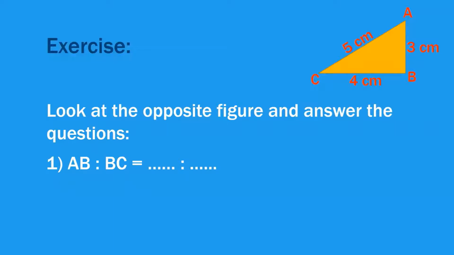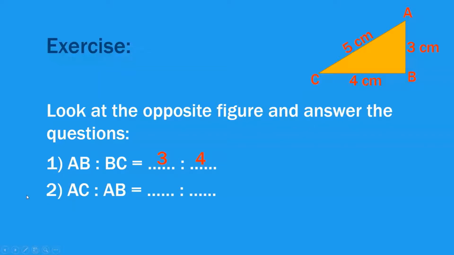So let's see, AB equals 3 centimeters and BC equals 4 centimeters. So the ratio between AB to BC is 3, which is the length of AB, to 4, which is the length of BC. So the answer is 3 to 4.